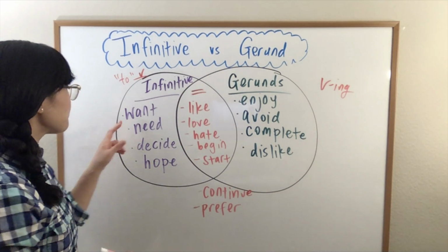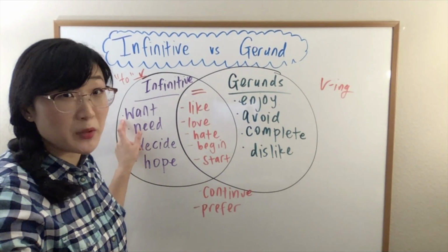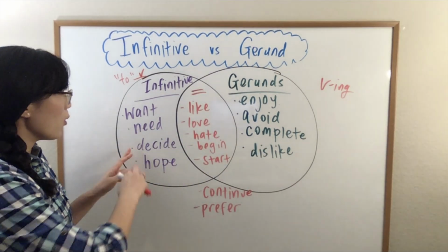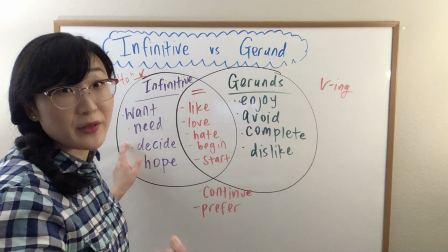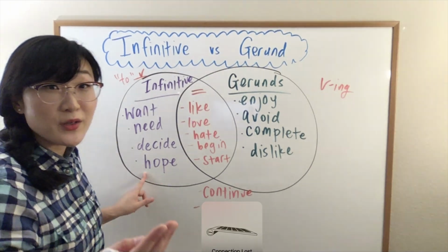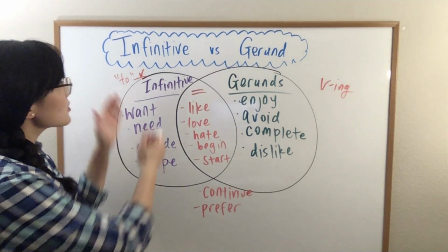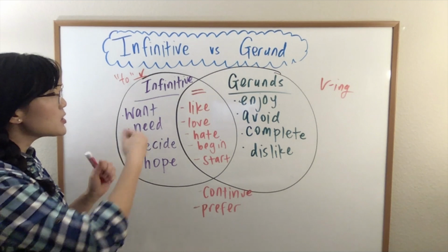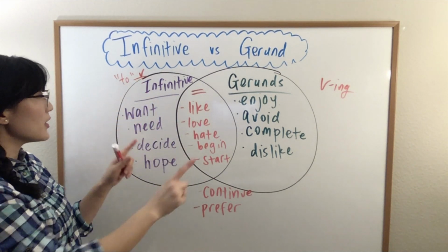So for example, he wants to eat a hamburger, or they need to go home, or my daughter decided to buy a new video game, or I hope to return to school because I miss my students. I miss your faces. Okay, so all of these, if you see these verbs and you want to add to the idea, then you must have "to" and the base form of the verb. You do not change that.